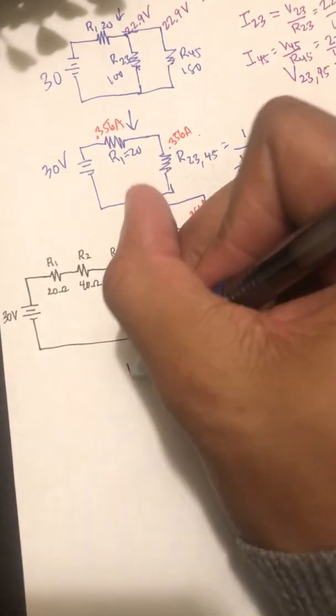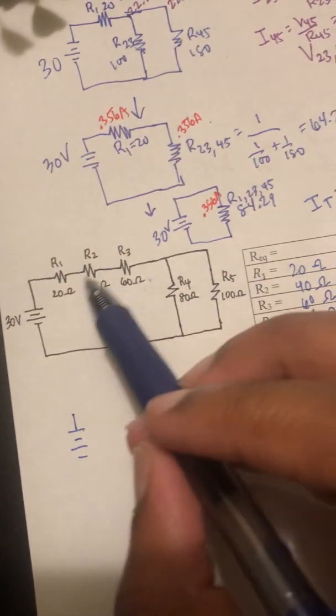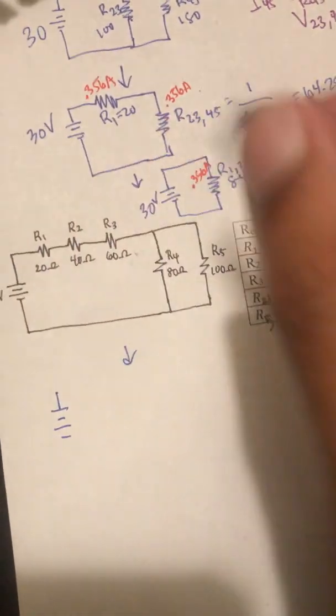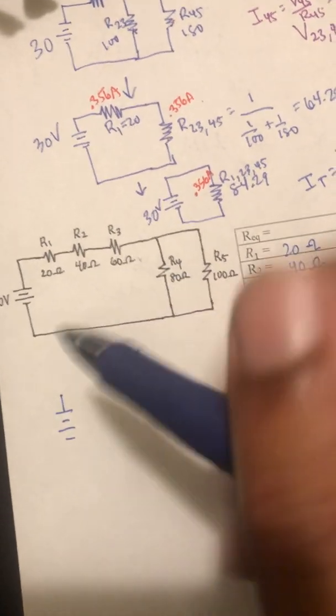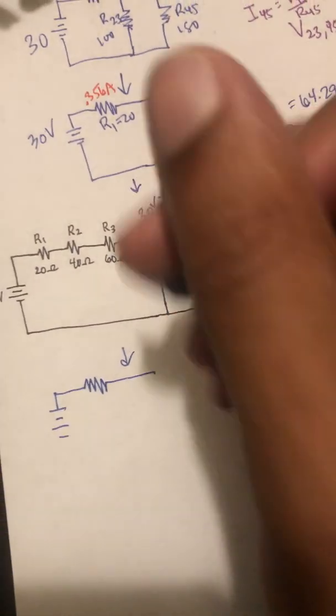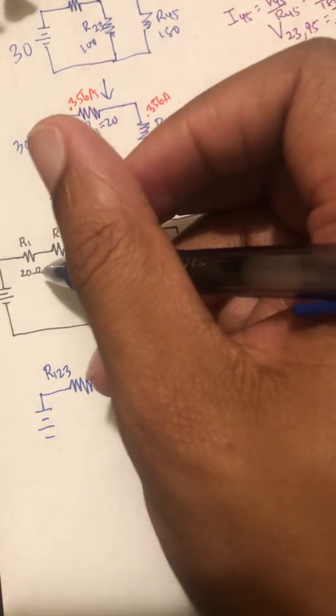First, equivalent resistance. If these are in series, add those up. Let me just add those, and that's going to give me R123, which is 60 plus 40 plus 20, which is 120.